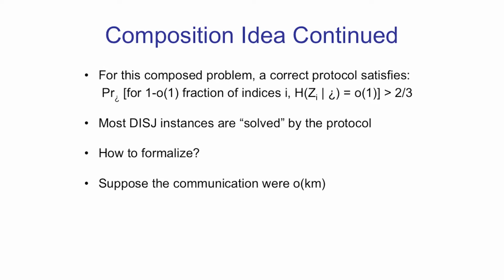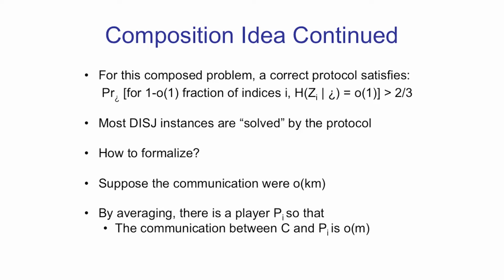Let's suppose towards a contradiction that the total communication were much less than k times m. By averaging, there's a player pi which has two very important properties. The first is that the communication between the coordinator and pi is much less than m.